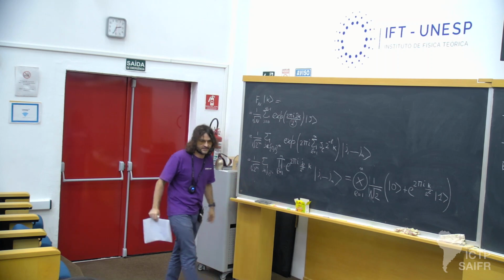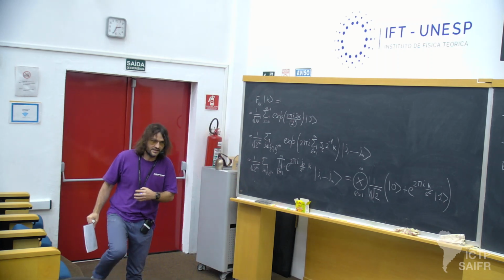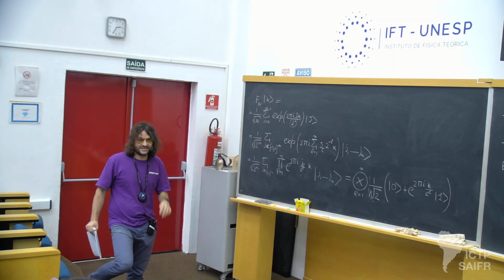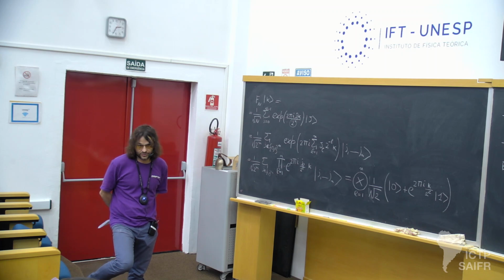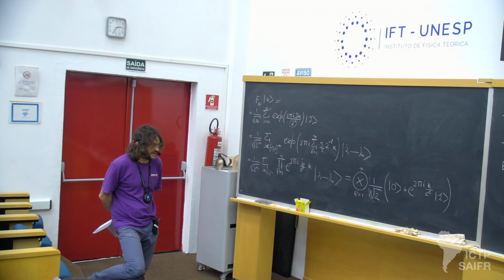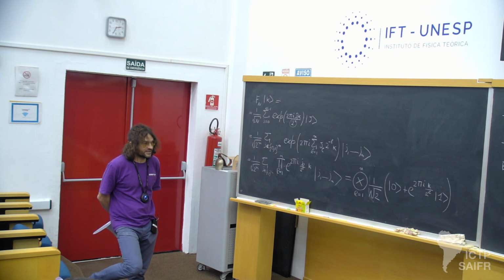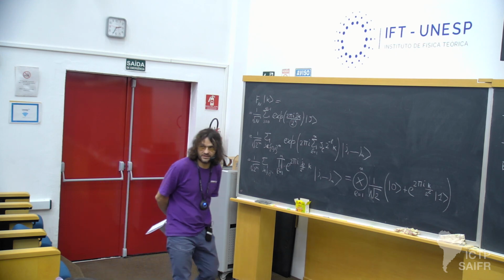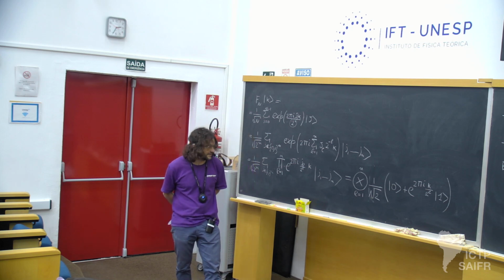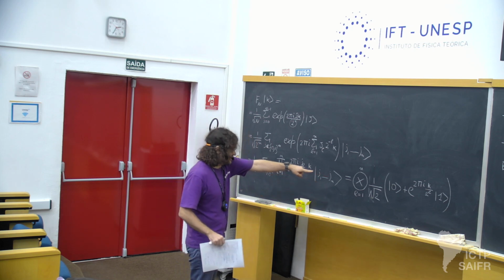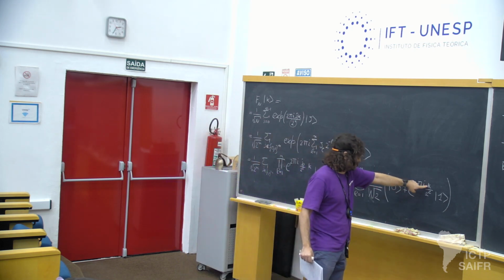So we see that on basis vectors, the Fourier transform doesn't create an entanglement, which is good, because it will allow us to draw the circuit in a much easier way. Questions? Okay. So now we just need to massage this a little bit more.